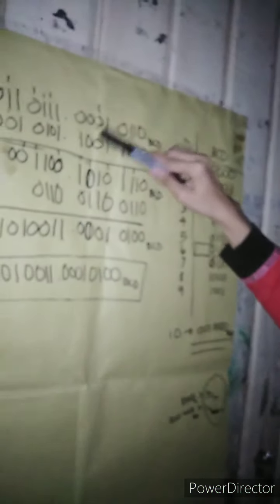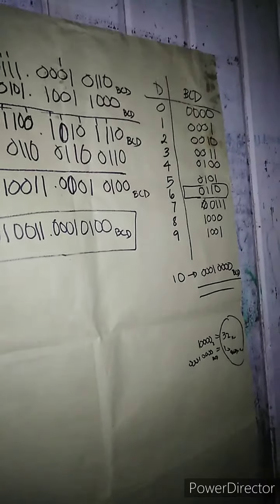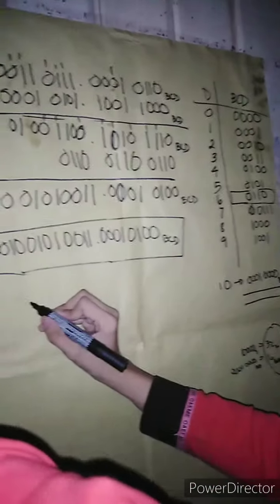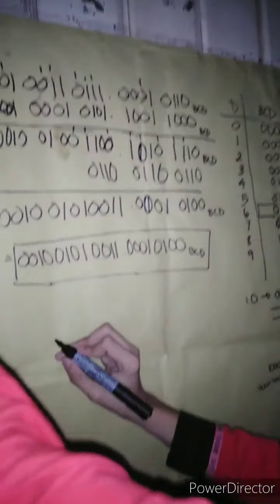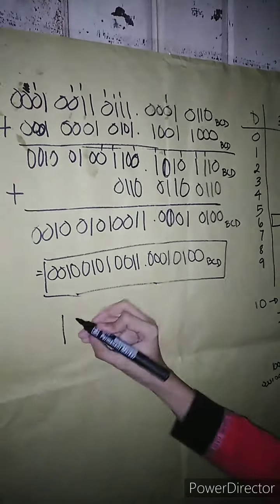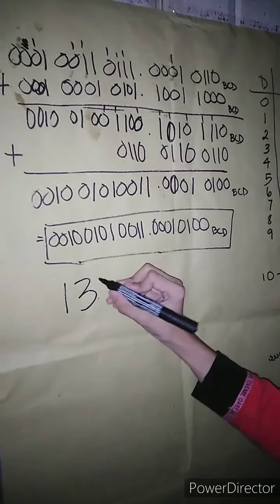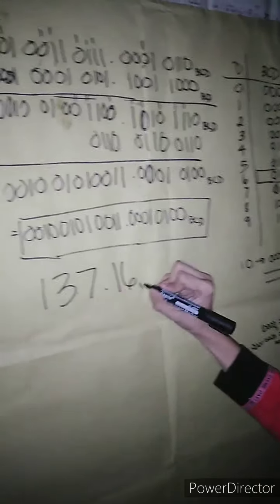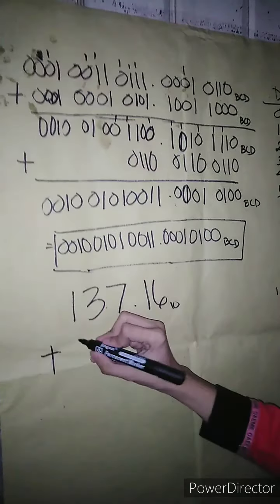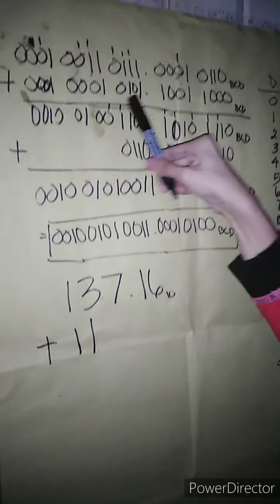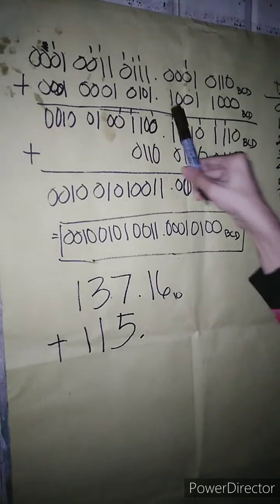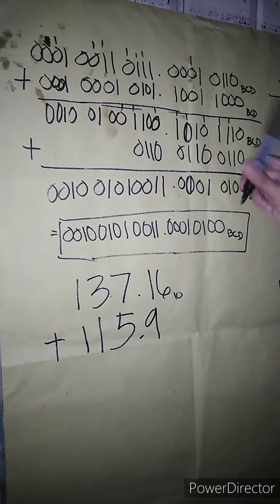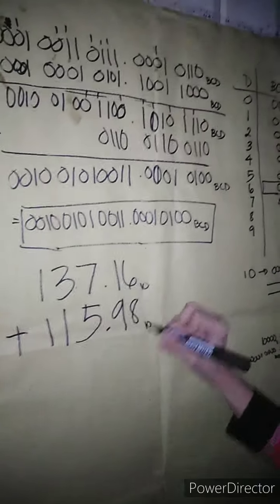Okay, let's do some checking. Let's convert each addend and the sum to decimal. We have 1, 3, 7.16 base 10 added by 15.98 base 10.